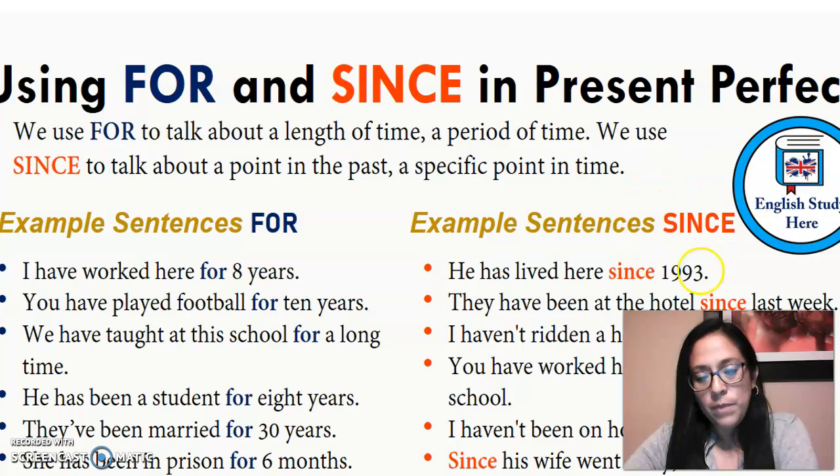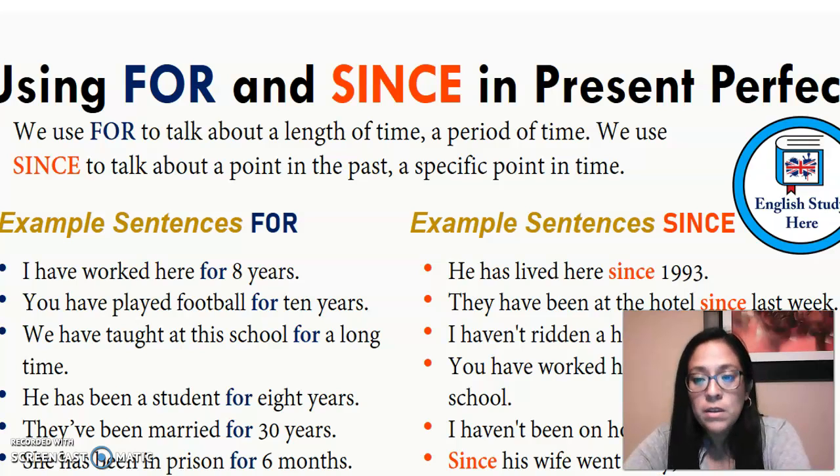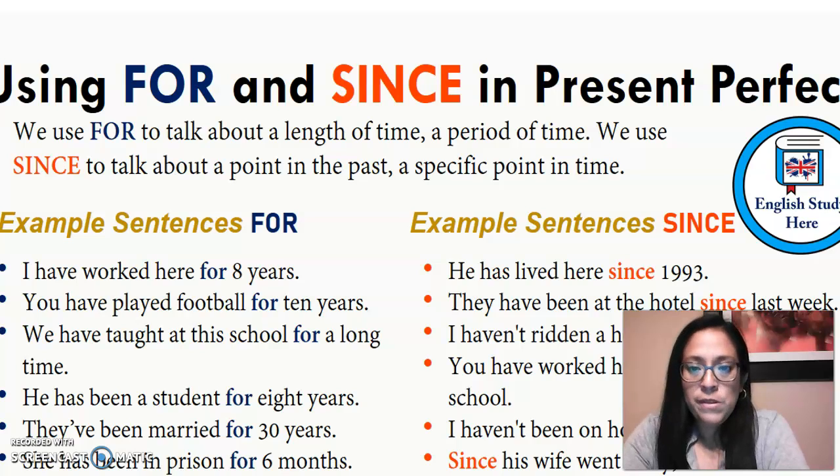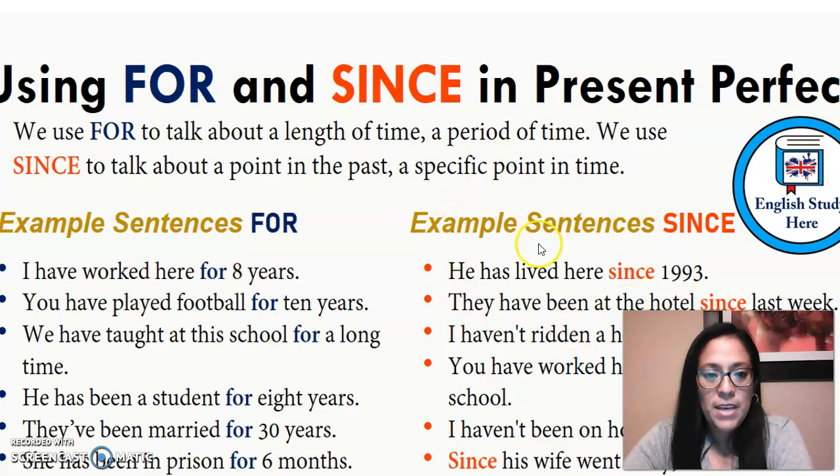It could be since 1993, since last week, since I was 9 years old, since you left your school, since last year. We can use different specific points in time. But it's important to remember that in both cases, the actions are not over. They're still in progress.